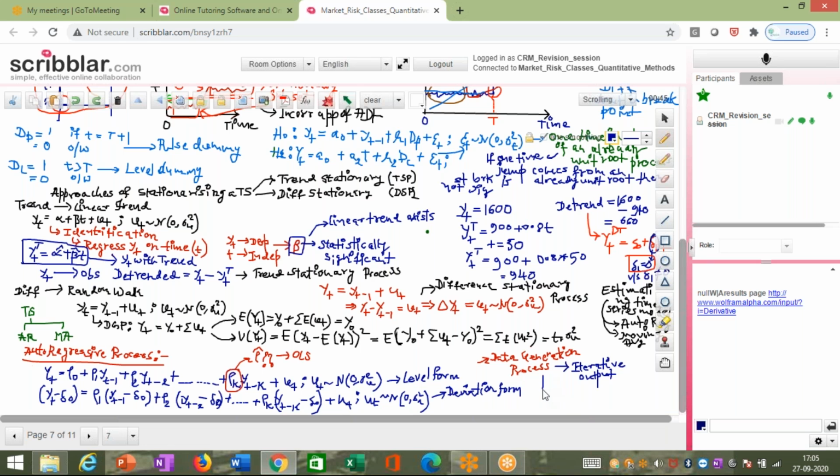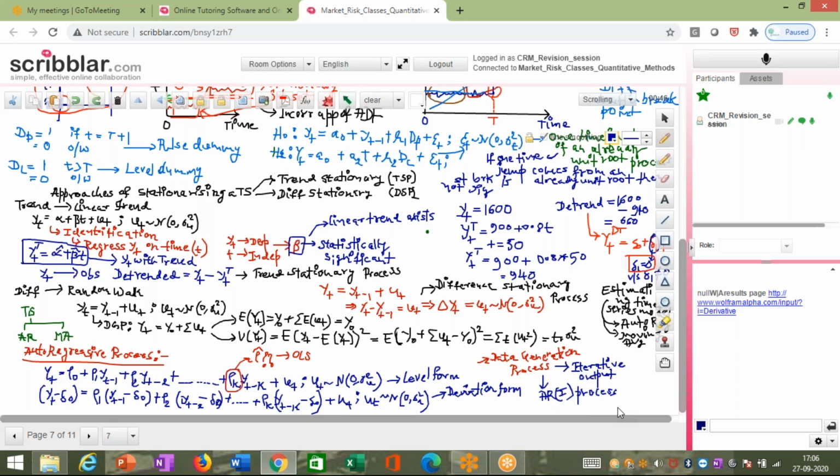Now, for calculating the data generation process, we are going to start off with the AR1 model, the AR1 process.